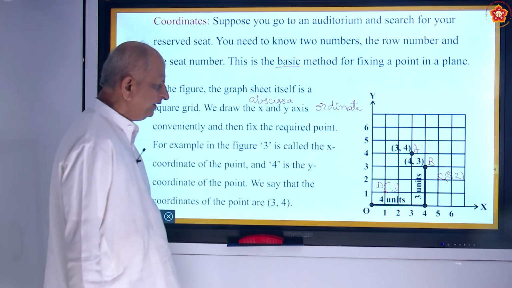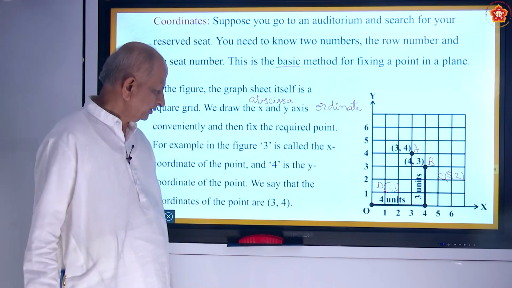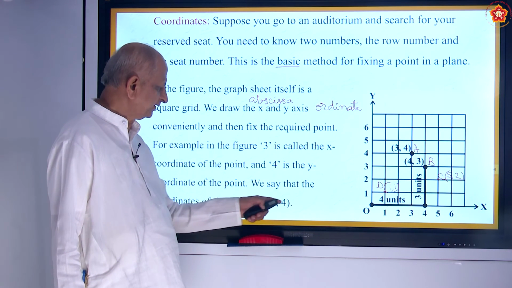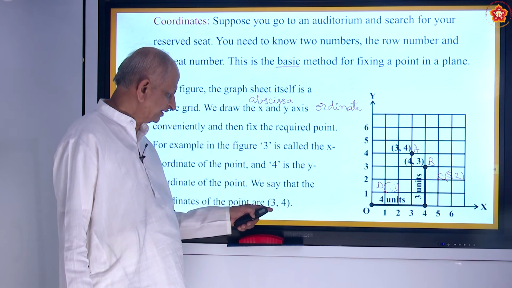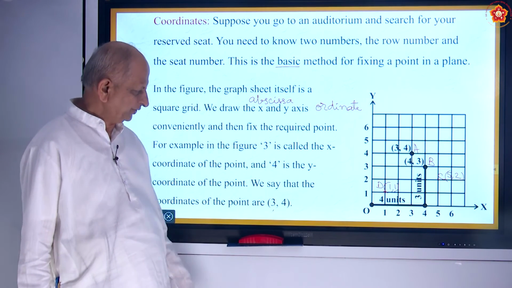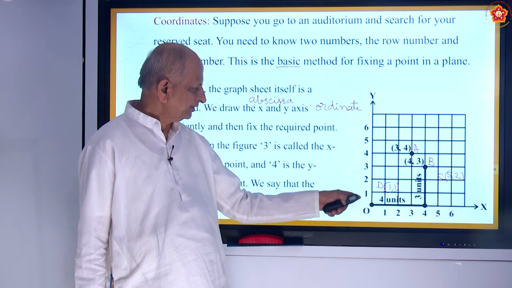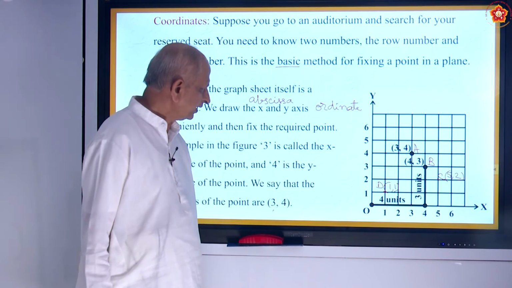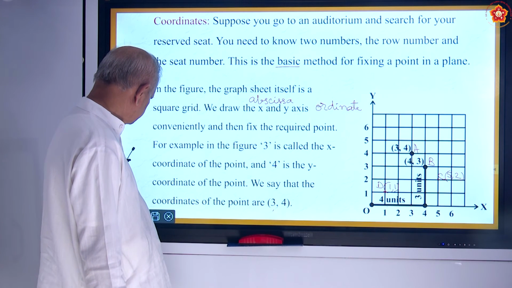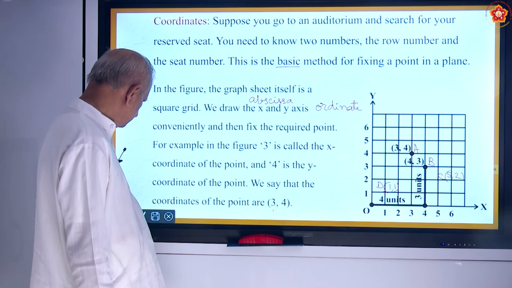So that is called D. Like that you can go on locating. So these are called coordinates. The first one is called x coordinate, the second one is called y coordinate, also called horizontal axis, vertical axis, correct? So note that, and these names also you may note down.